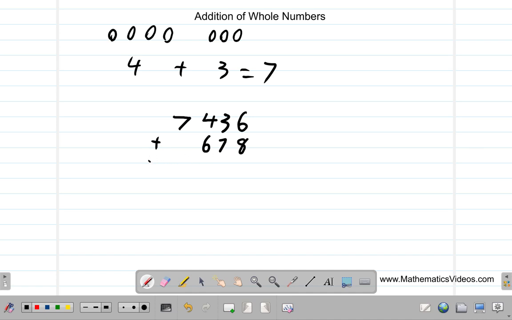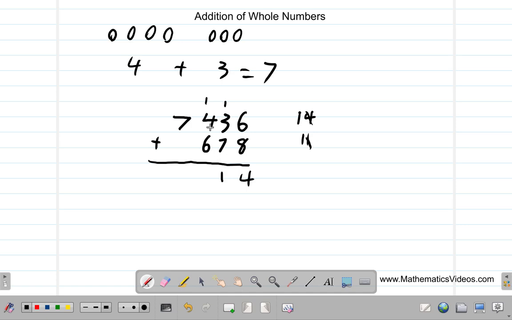Alright, 678. You add those 2 numbers here. We look at the algorithm first. 8 and 6. You say 8, 9, 10, 11, 12, 13, 14. 8 and 6 are 14. Put down 14 as well. The algorithm says you put down 4 and you carry the 1 over here. So you say 7 and 3, 10 and 1, 11. You bring down this 1 here and carry the other 1 over here.